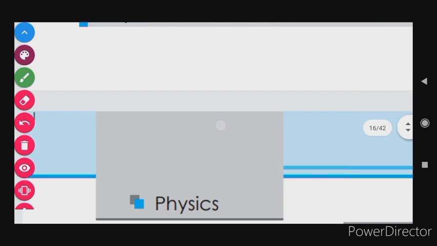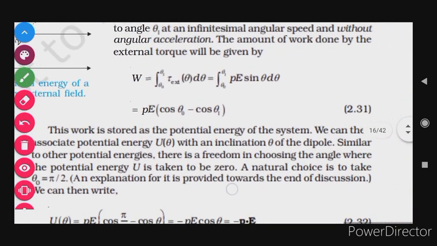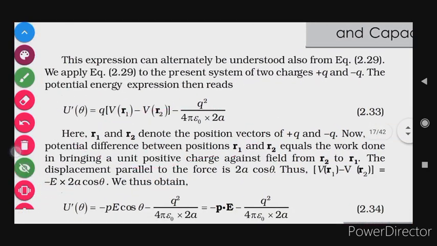V(r1) is the potential, and the potential energy is the work done in bringing the charge to that point in the electric field. So you can get the expression from there, with a minus for the second charge. This is what you get when you put the values of q and minus q there.